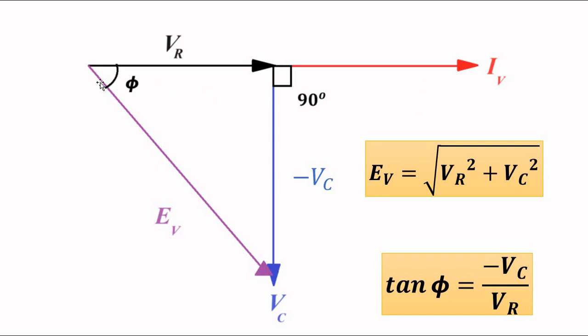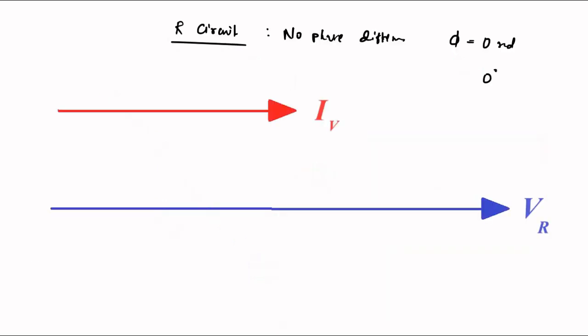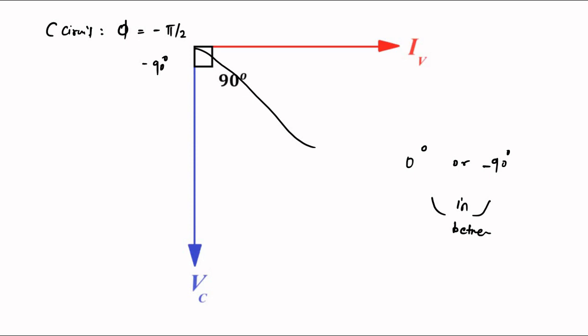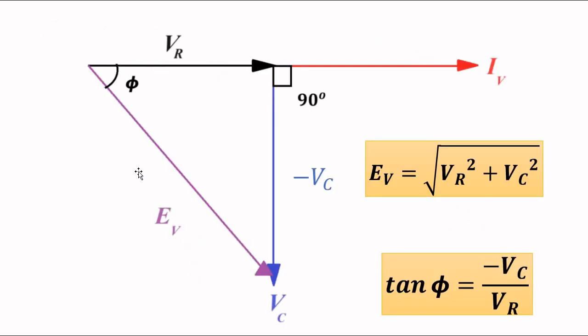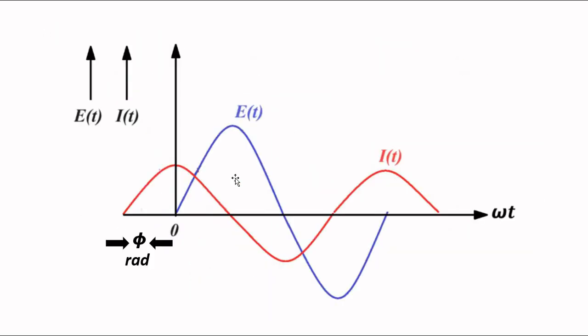The resultant voltage, which is the combined result of these two voltage phasors, is this, which is lagging behind the current by minus phi radian. So it is in between a purely resistive circuit and a purely capacitive circuit. And in waveform form, it is like this. Here the phase difference is phi radian.